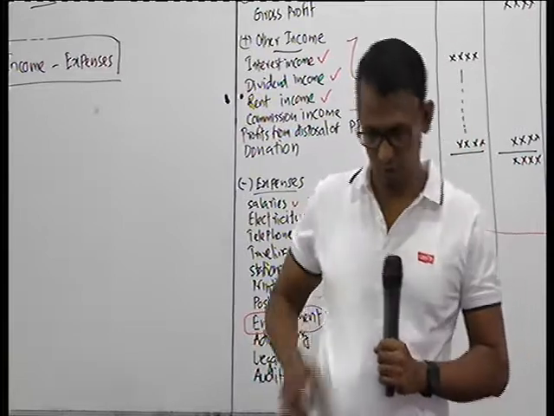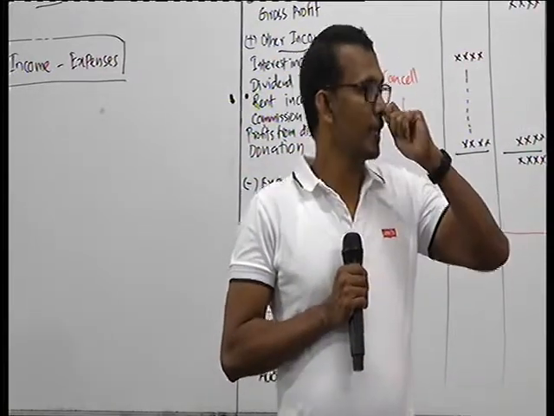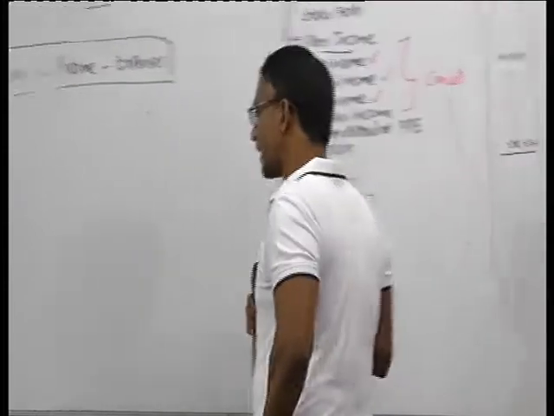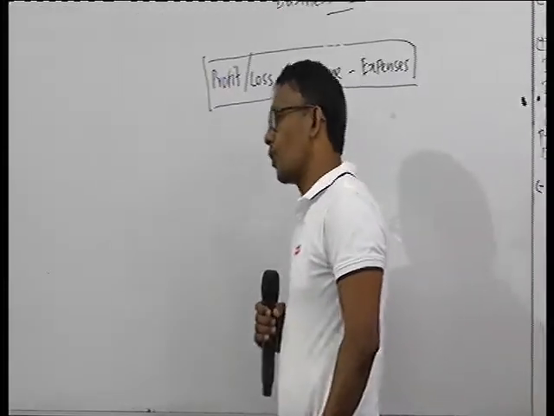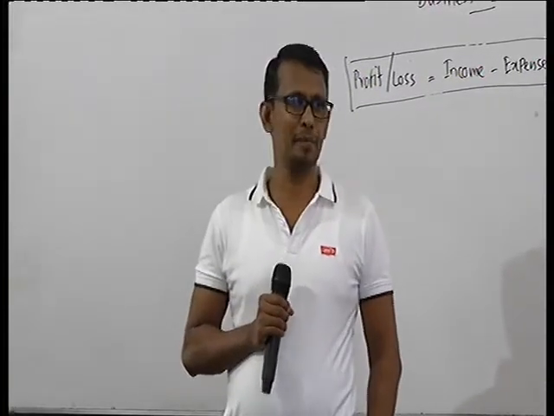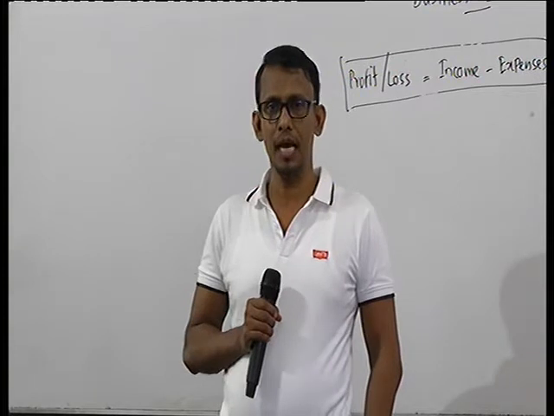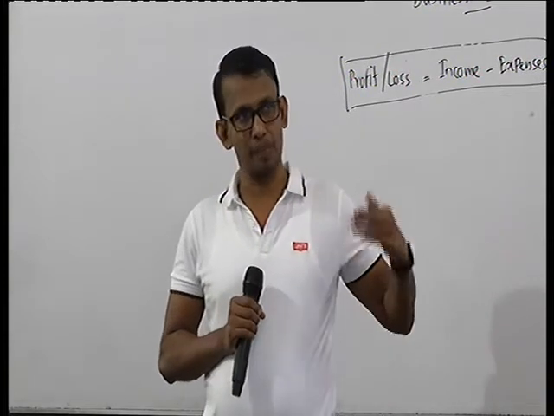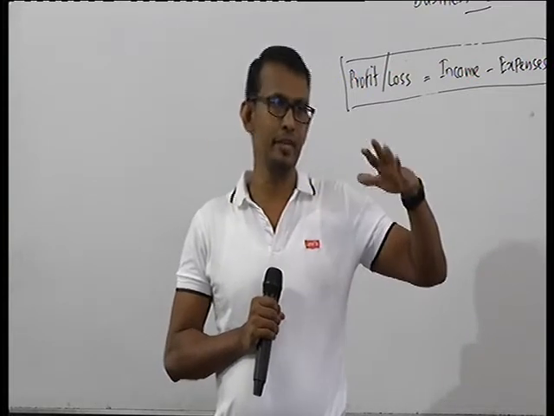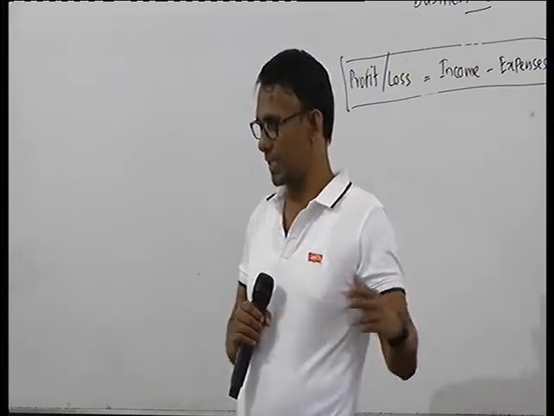So remember, in accounting we simply say profit or loss, but in taxation we don't use profit or loss; we call it assessable business income or assessable business loss. If there is a profit from the business for a given year of assessment, then we say it is assessable business income.